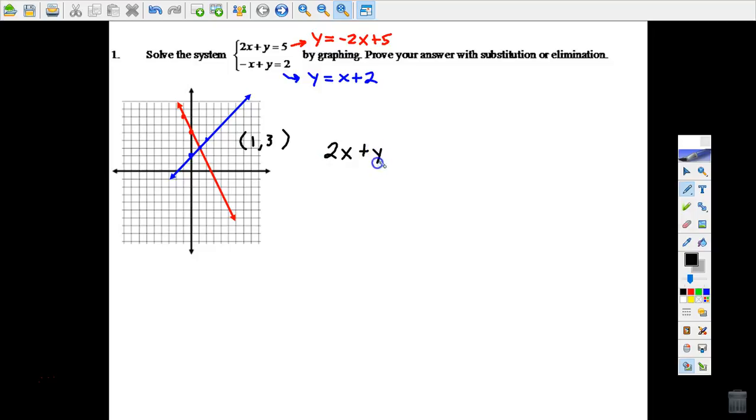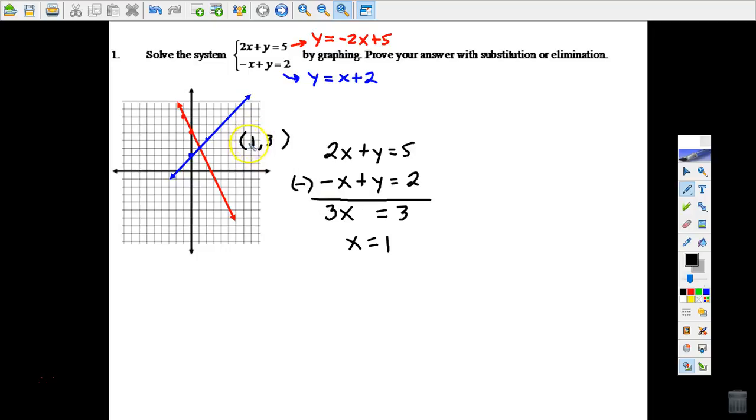Here are those two equations in my original system. And using elimination says we need to eliminate one of the variables, and I'm going to eliminate y with subtraction. Okay, so subtracting all the terms in my two equations, subtracting like terms, 2 minus negative 1, that's 2 plus 1x, which is 3x. y minus y is 0. 5 minus 2 is 3, so x is 1.